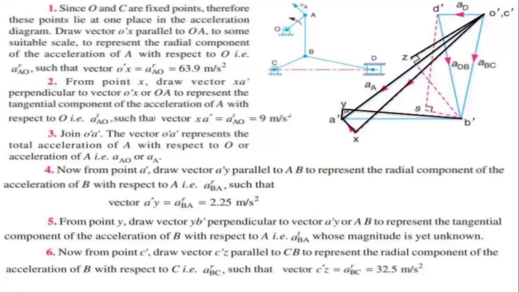By measuring, we got the value as 63.9 meters per second square. Then from point x, draw the vector x a dash.